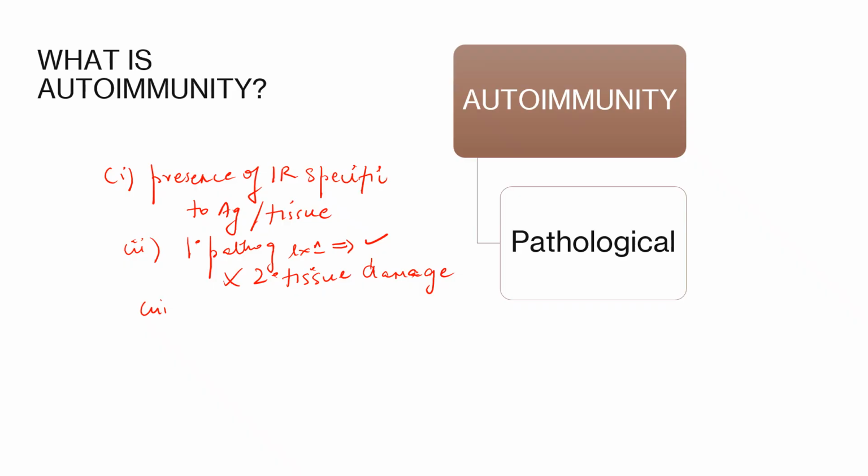And thirdly, there is no well-defined cause as to why this reaction occurs. So, these are the 3 subtexts of the definition of autoimmunity.